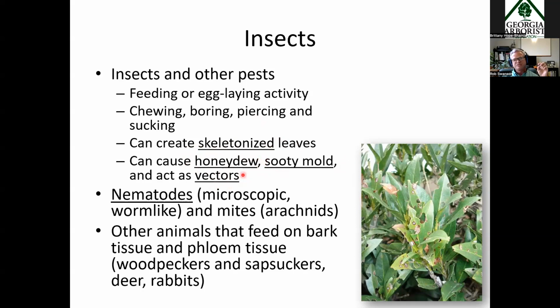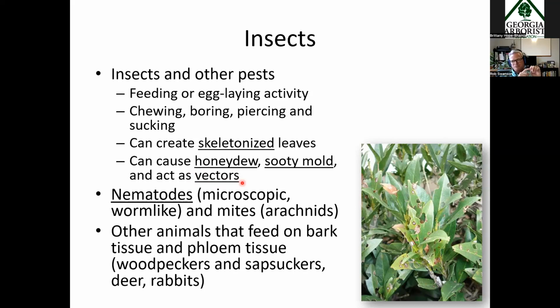Now we can also have vectors. These are insects that can bring in a disease. The insect itself is not the main culprit. For example, the nitidulid beetle here is a sap-drinking insect. Whenever there's a fresh branch cut or a crack in the tree that exposes the vascular tissue, the nitidulid beetle can go and drink that sap.